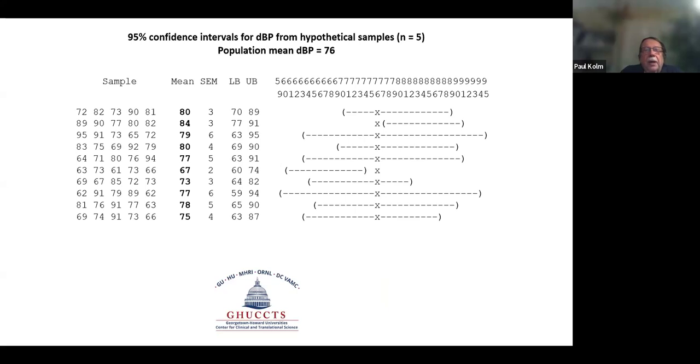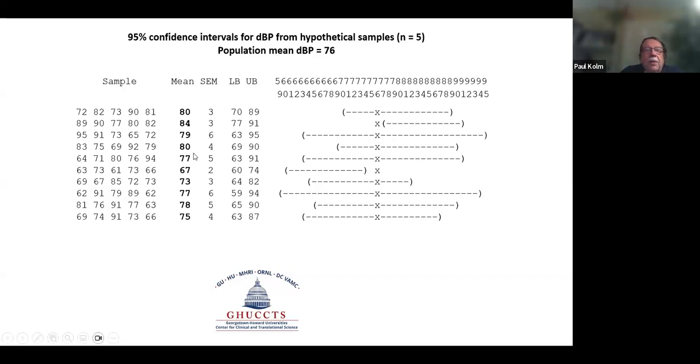And from our samples of size 5, then we can compute the interval, the lower bound and the upper bound of an interval. And so from the frequentist standpoint, or the classical standpoint, what this means is that 95 times out of 100, or 95% of the time, the interval will include the true population mean, okay? But 5 times out of 100, or 5% of the time, it won't.